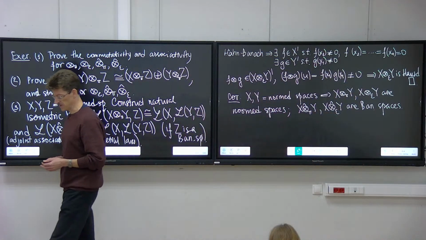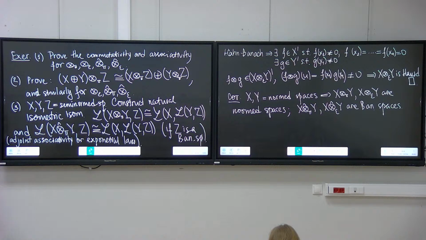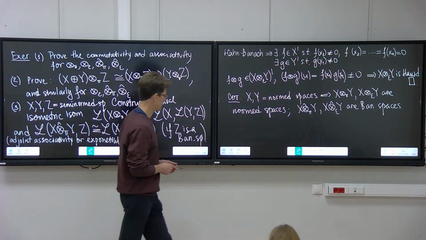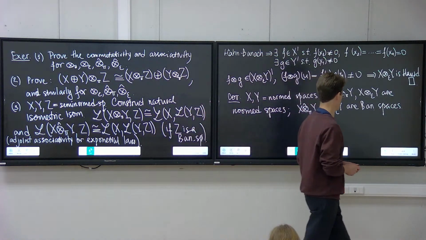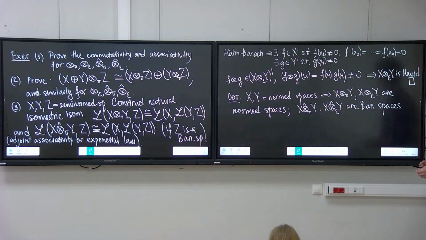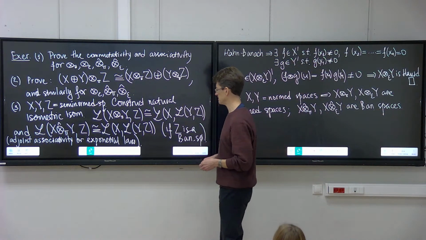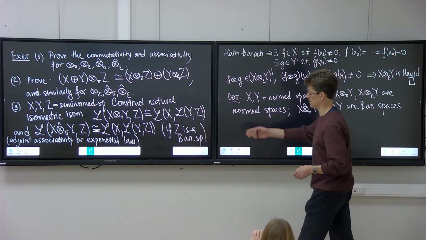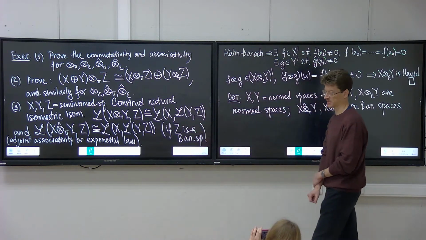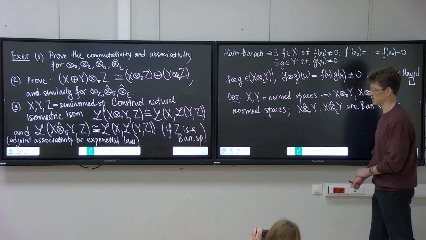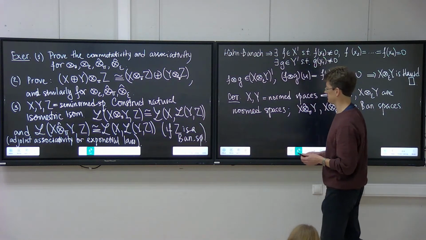This is a source of many category-related problems with categories of locally convex spaces. On the other hand, there are some important special cases in which such formulas are true. So this is only one of such special cases, and some other special cases will be discussed a bit later.